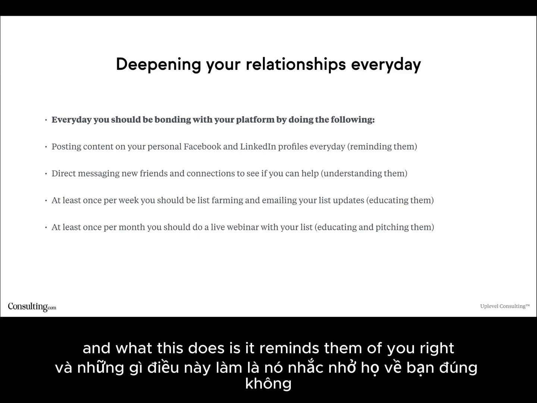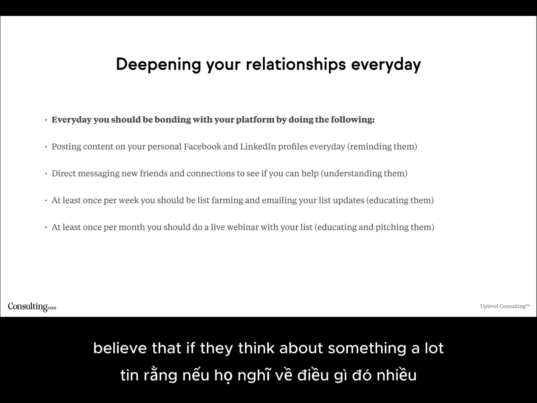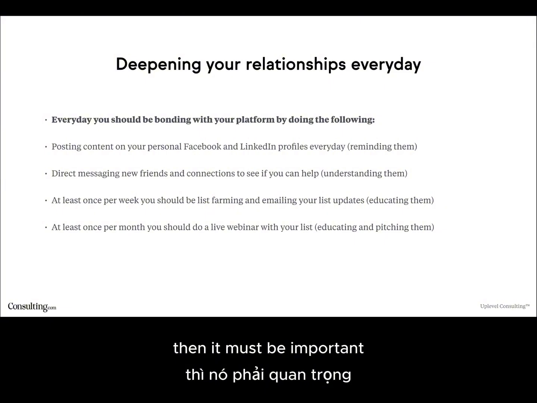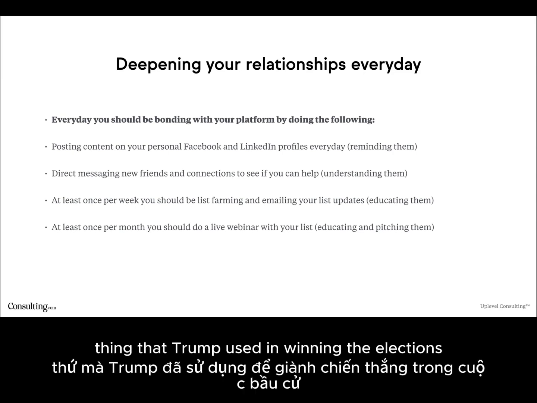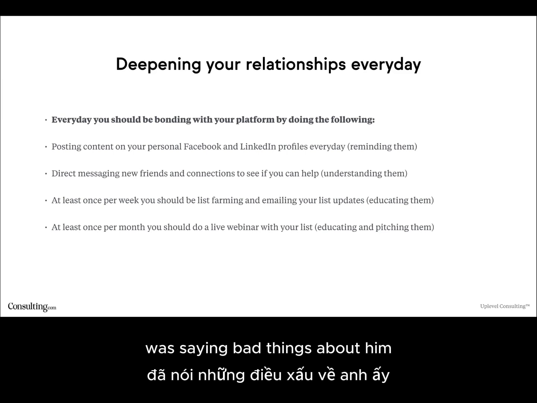And what this does is it reminds them of you, right? People have an inbuilt bias where they believe that if they think about something a lot, then it must be important, regardless of the reason why they're thinking about you. This is a huge thing that Trump used in winning the elections. A lot of the time, everyone talking about him was saying bad things about him.